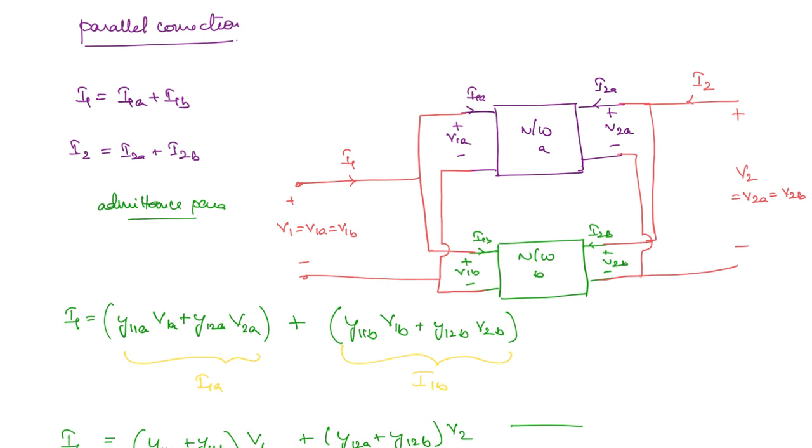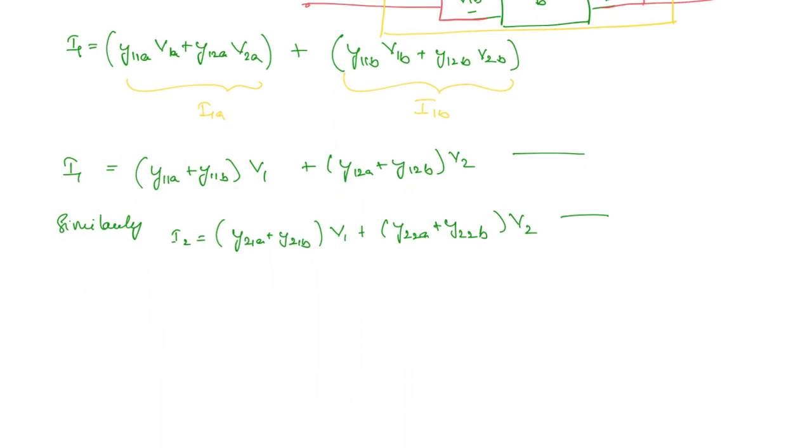So here you can draw this also. This is the entire two-port network, equivalent two-port network, for which we want the admittance parameters, okay. So we can get any parameters, but admittance parameters is easier to get in the parallel connection. Just like in the series connection, the Z parameters was easier to get, okay. So what will be the expression? The equivalent admittance parameters is equal to the sum of the individual admittance parameters.